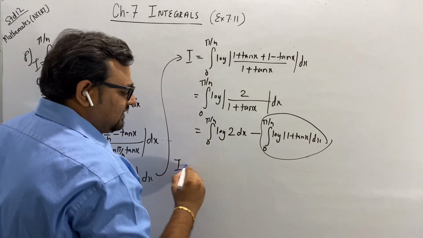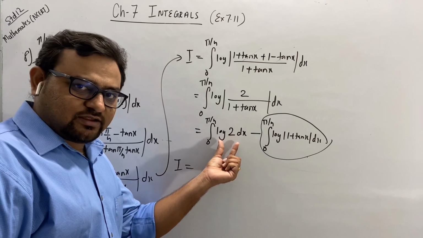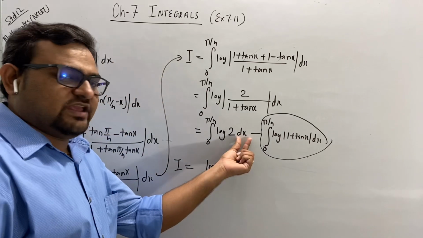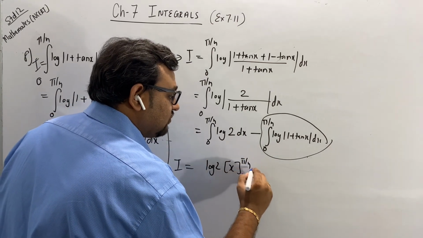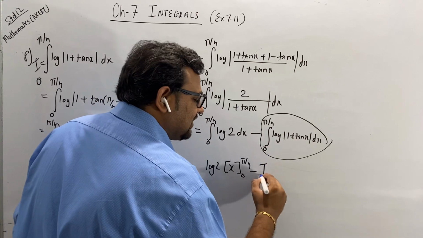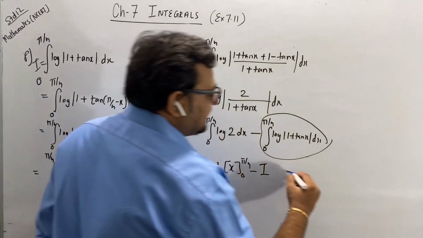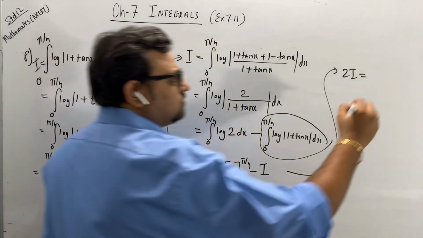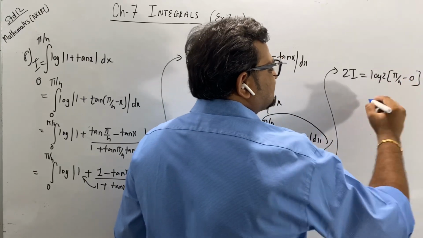So I will be equal to what? Integration of log 2 dx. Log 2 is constant, so we can take it out. Integration of dx is x, from 0 to pi by 4, minus I, which I can write here as I. Okay, so it comes on this side: 2I equals log 2 times pi by 4 minus 0.